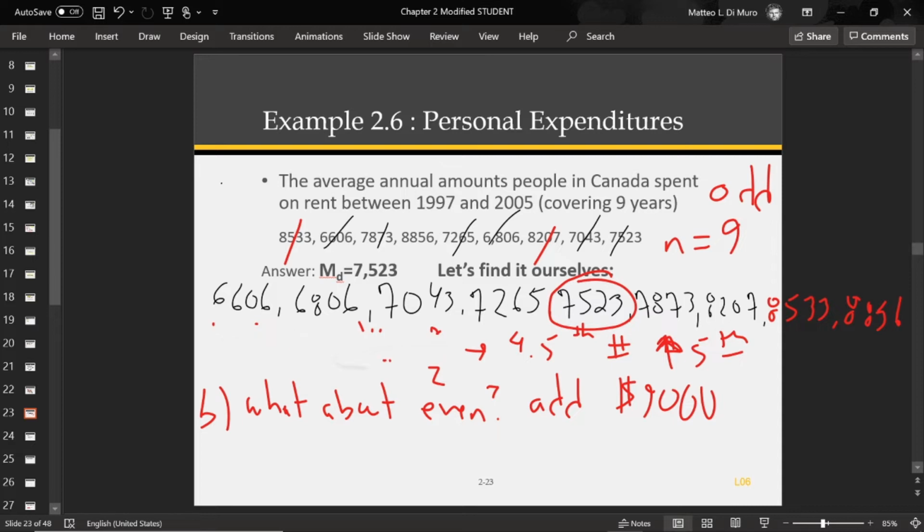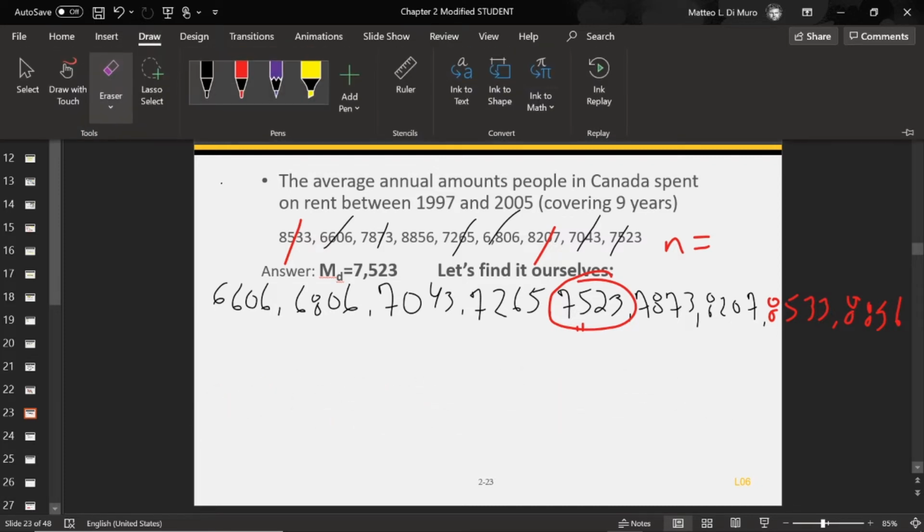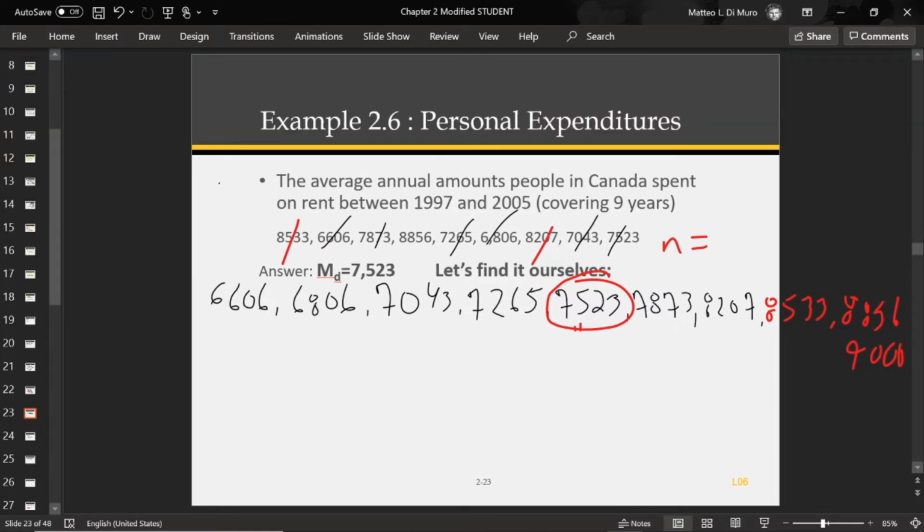I don't like doing it, but here we go, because I'm going to need some room. Make sure you have that written down. I'm going to redo it so that it's even. So add the number 9,000 to the end. I'm going to erase all that. Get out of here. So we tack it in down here. We have the number 9,000.